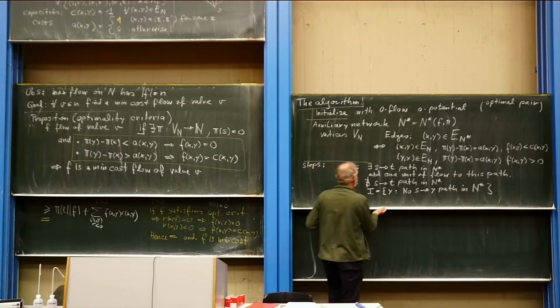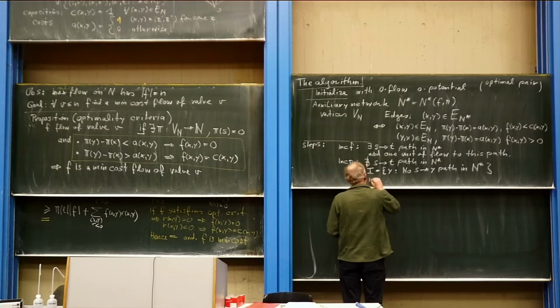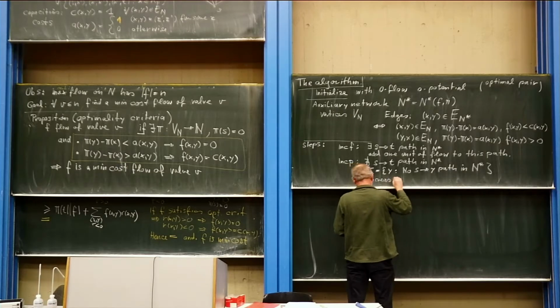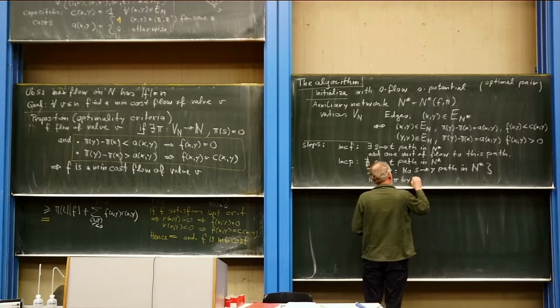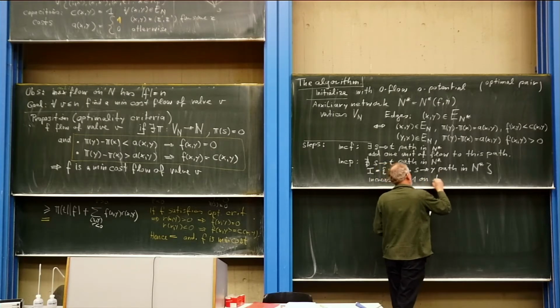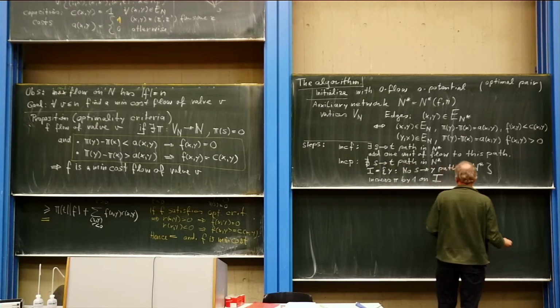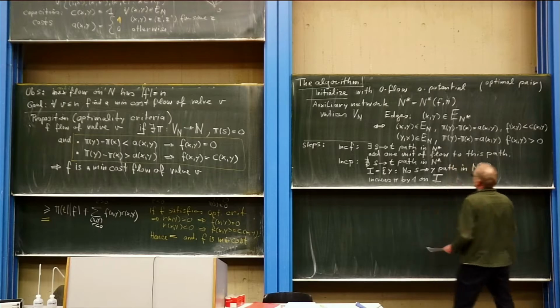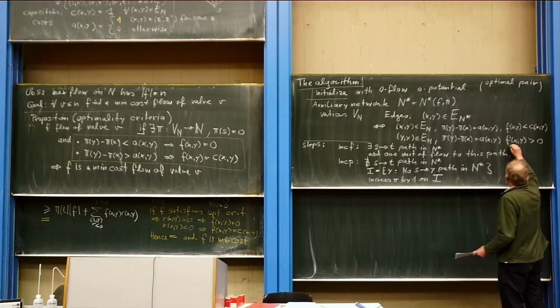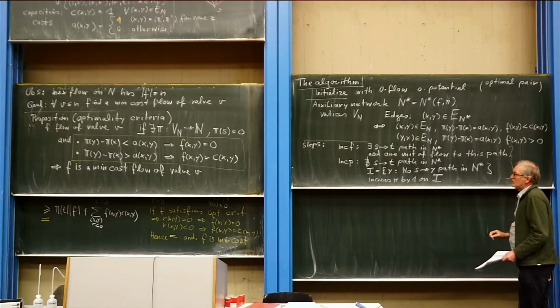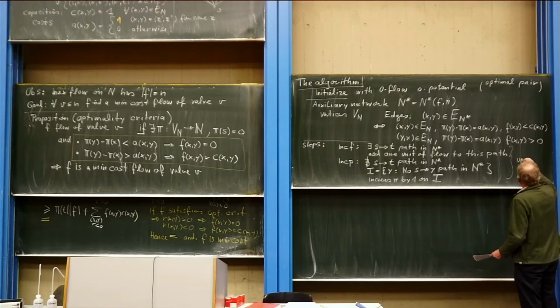And what we do now is increase the potential pi by 1 on the elements of I. And in both cases, after doing this step, we update and start.